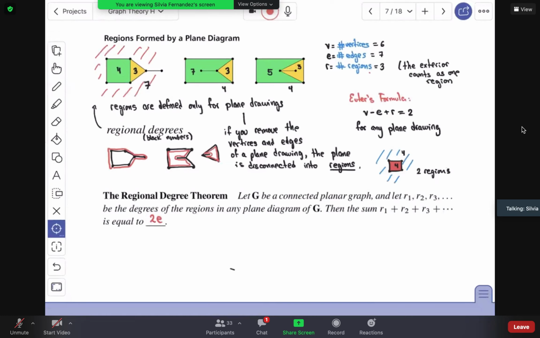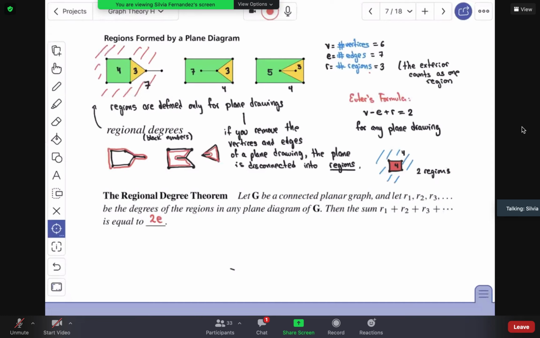And you can see that, for example, for this one right here, when we count the 4, we're counting the edges from the point of view of the green face, in the interior of that green face. And the same for the yellow ones in the interior of that face. But every edge is counted by one of the faces on one side and by the other face on the other side.